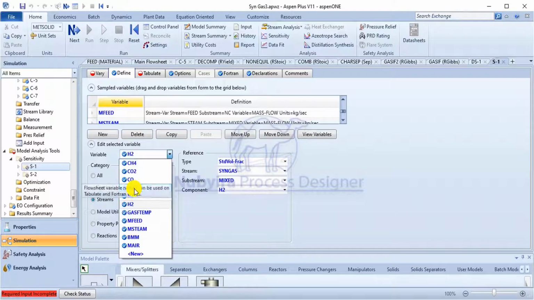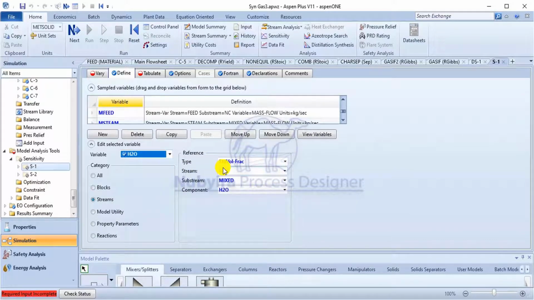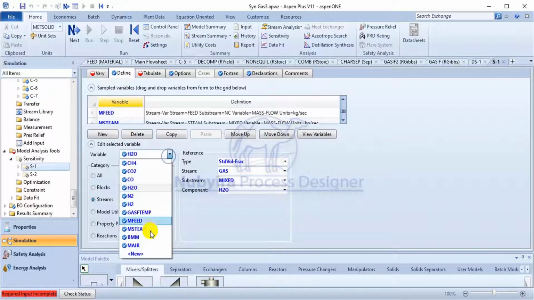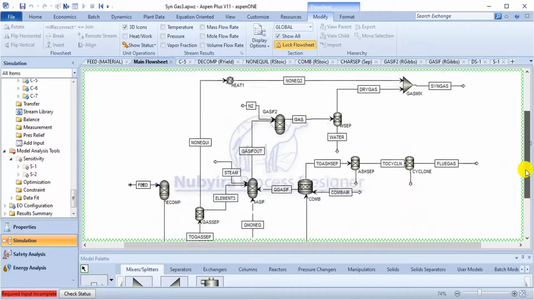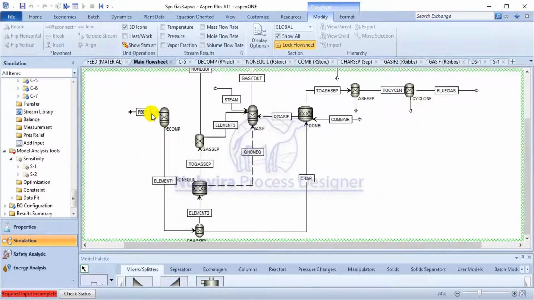Look at the H2O composition: once I pick, you can see standard volume fraction H2O. For the biomass, you can see this amount of water in element one. Element one is from this stream, because the water is going to be sent from this calculator. That's the calculator I talked about.